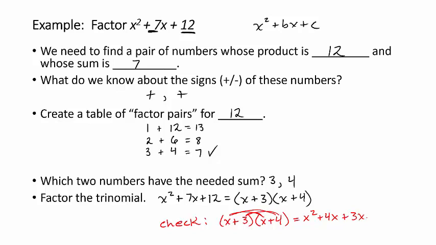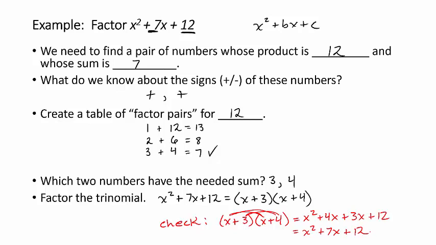And 3 times 4 is 12. So we see that those two numbers, the 3 and the 4, multiply to give us 12, but in the FOILing process, we see that we have to add them to get the middle term. Just some things to note there.